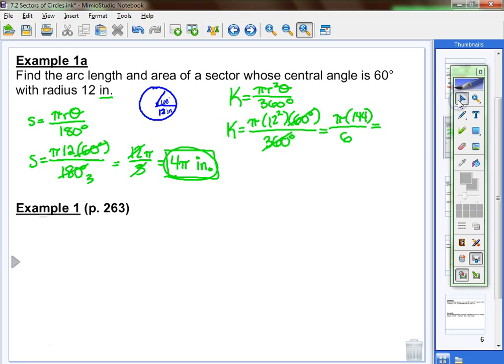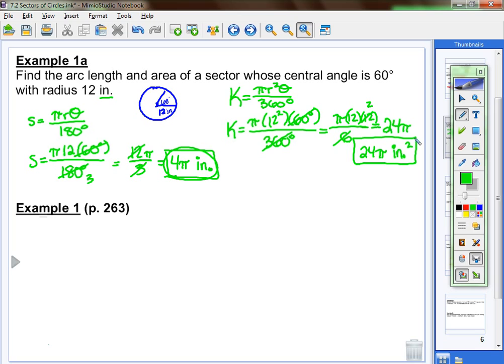Actually, it would be easier if we left this up here as 12 times 12. Because now we can see that 6 divides into one of these 12 two times. So 2 times 12 is 24, and 24 times pi. And we are measuring area, so it's going to be 24 pi inches squared is the area for that sector.